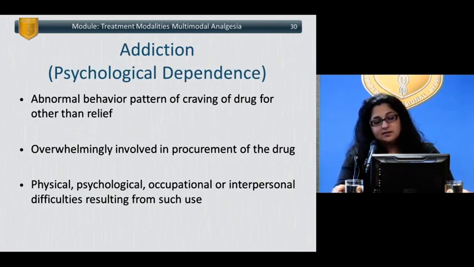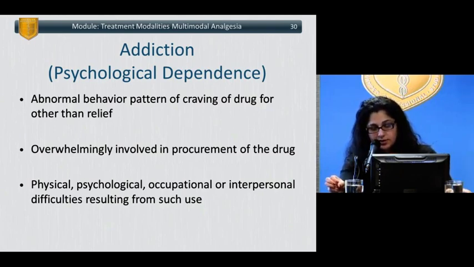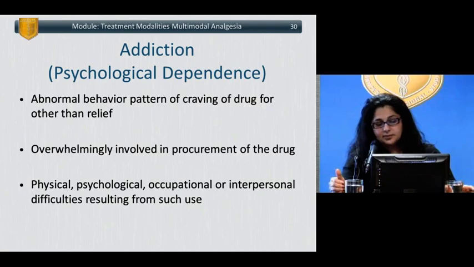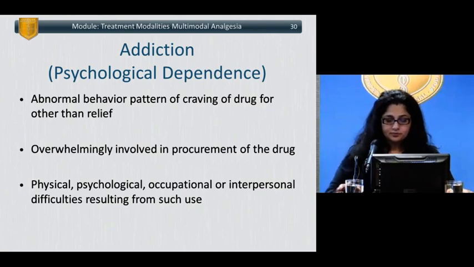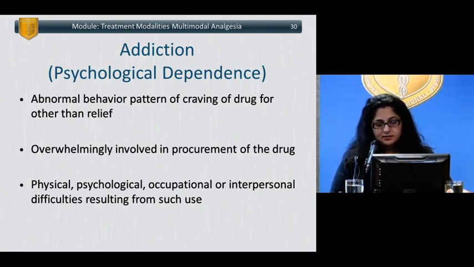Addiction is a type of psychological dependence, and with addiction, yes, withdrawal symptoms can be present, but it's more an abnormal behavior or craving for a drug other than relief, and patients will go to extreme measures to be able to obtain the medication, meaning stealing, committing crimes. And of course, this can lead to a lot of effects on their life, meaning losing their job and even incarceration.